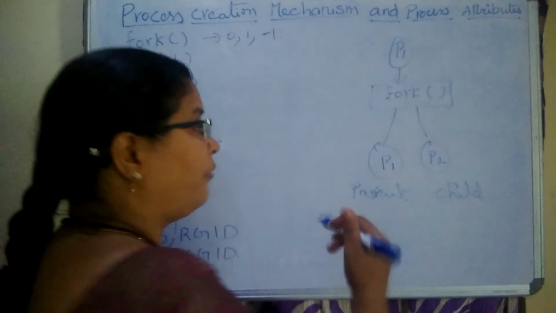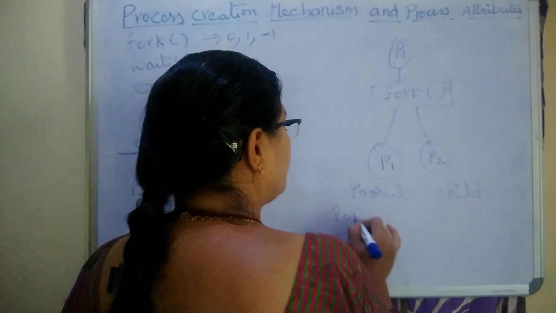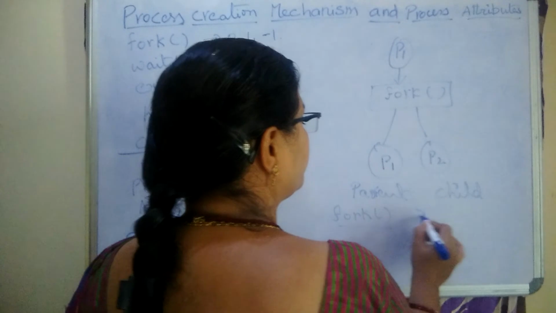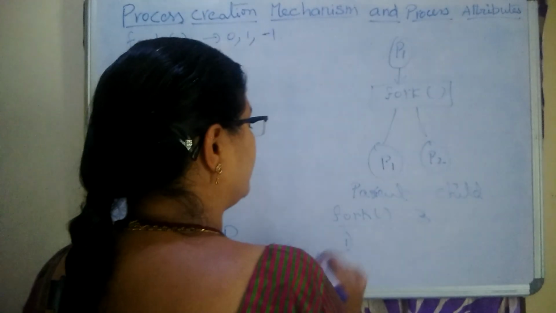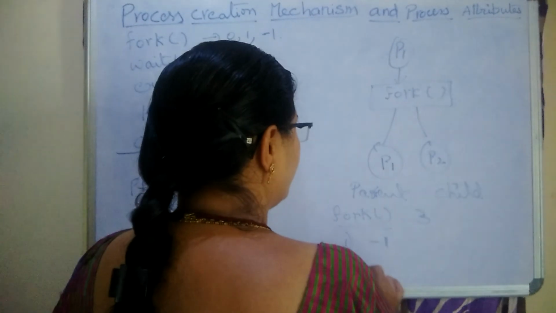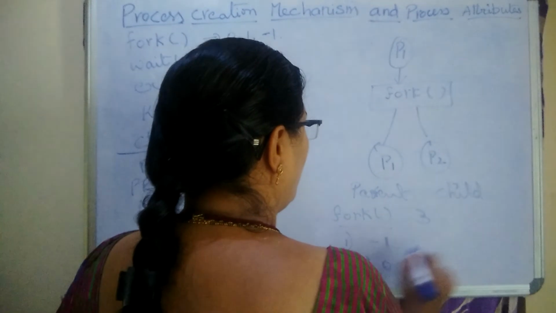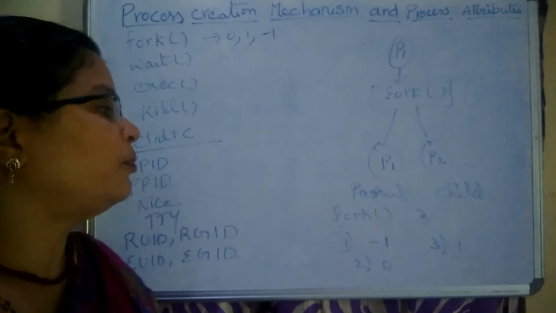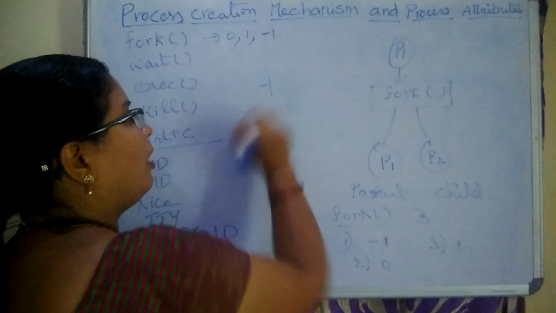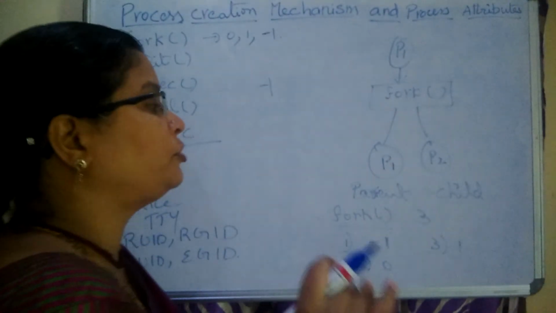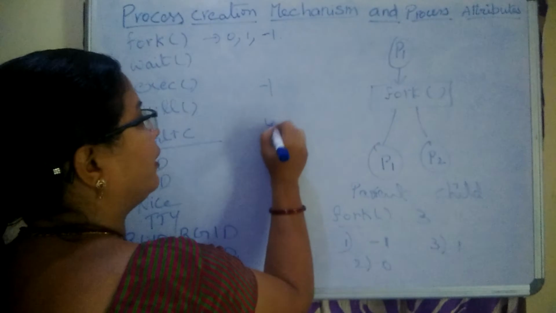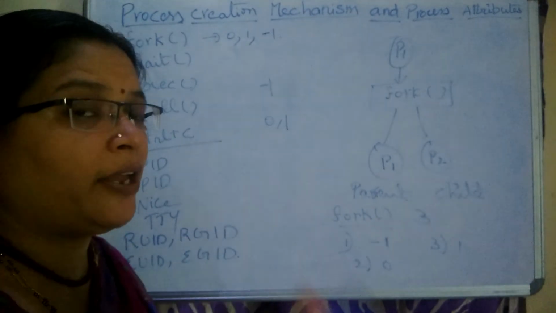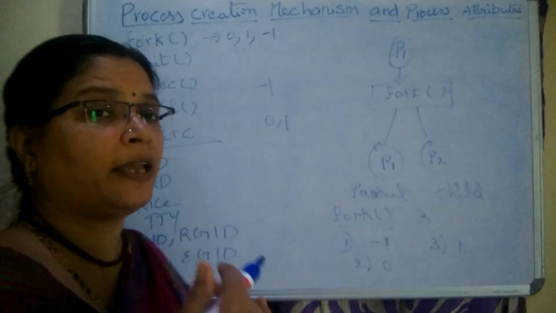Okay. So after application of this particular fork system call, it returns three values. The first value is -1, the second value is 0, and the third value is 1. -1 is returned whenever an error occurs in the execution.